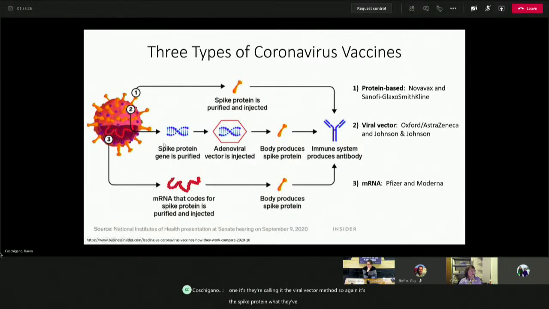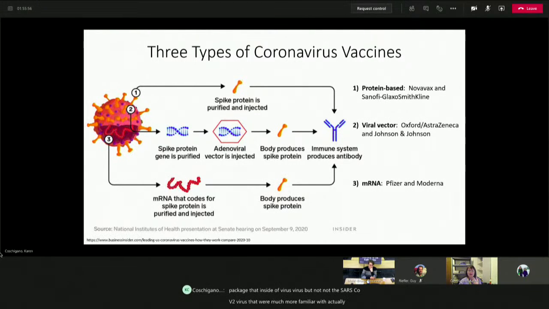What they've done is they've created the gene for the spike protein. The virus encodes the spike protein through RNA, but these companies have kind of reverse engineered it and turned that into DNA. And DNA is a little more stable. And they then package that inside of a virus, but not the SARS-CoV-2, a virus that we're much more familiar with.